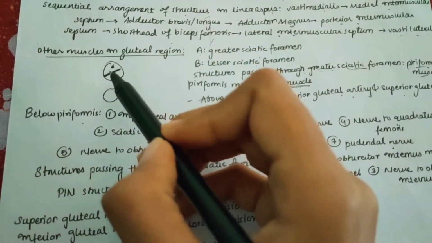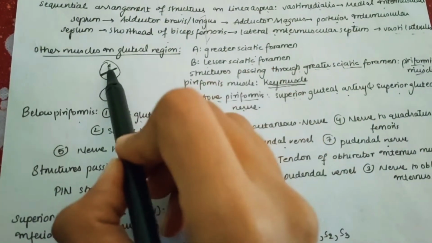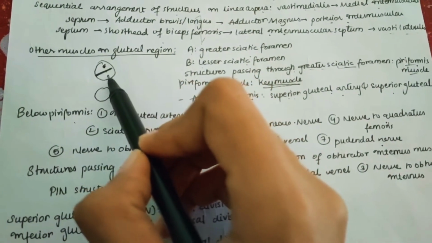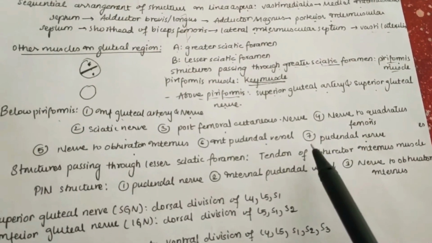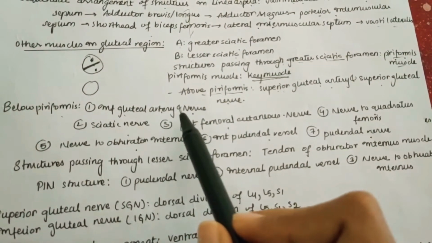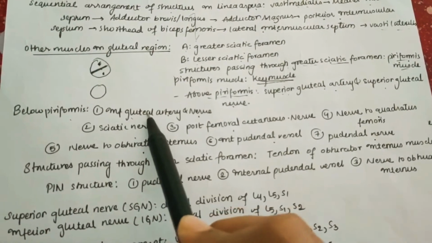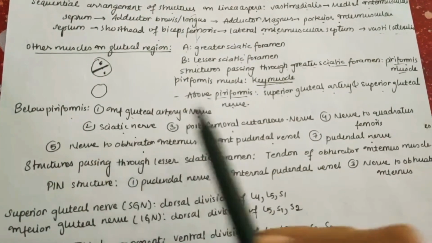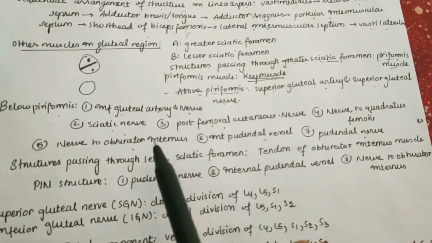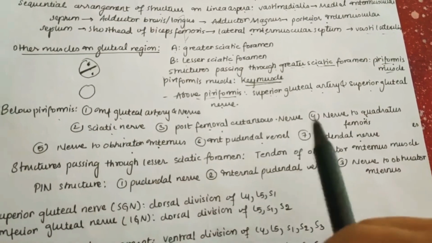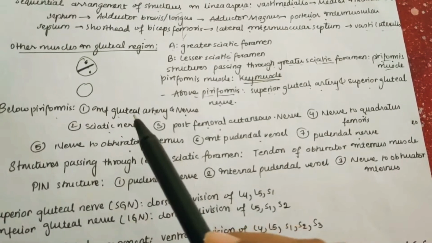So these are all the structures which pass below the piriformis. If you observe, above the piriformis you just have the superior gluteal nerve and superior gluteal artery. Below the piriformis you have many structures, about 7 in total, including the inferior gluteal artery and nerve, sciatic nerve, posterior femoral cutaneous nerve, nerve to quadratus femoris, nerve to obturator internus.